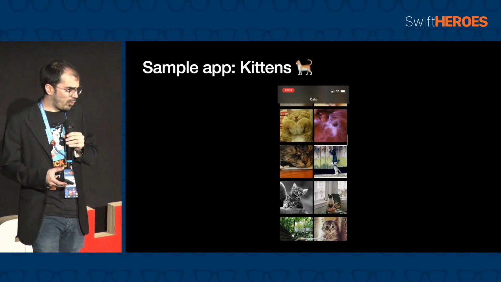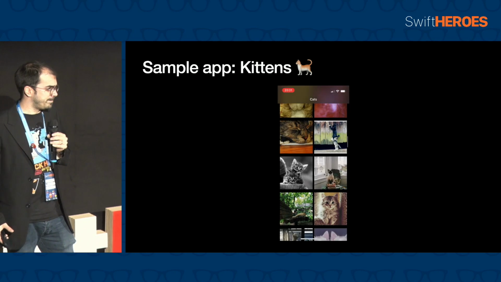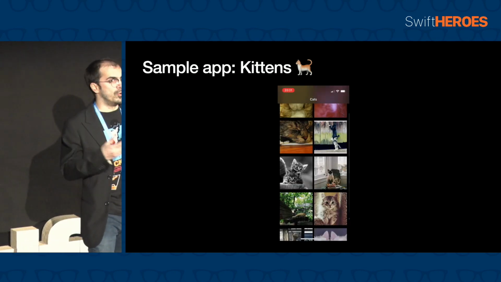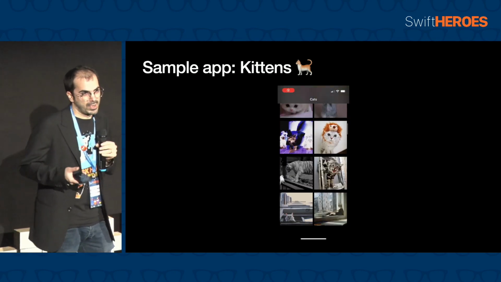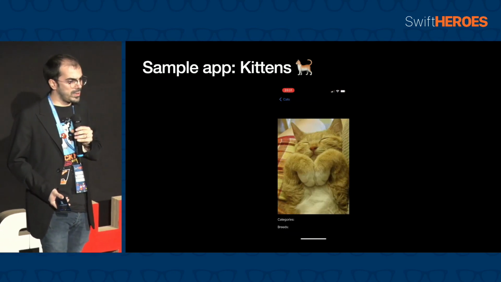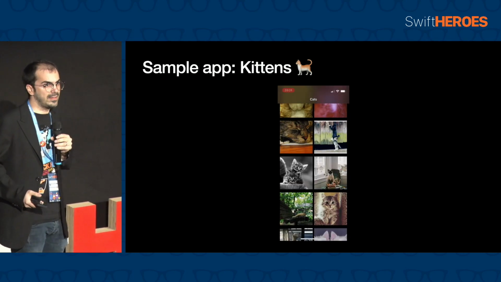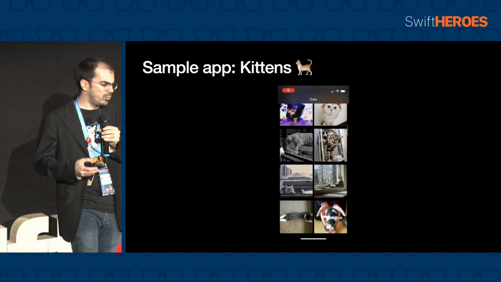I will focus just on the list, because it's a waste of time to see the detail too, since it's basically the same. So we can see the code of how the list is implemented, and then we will modularize it.